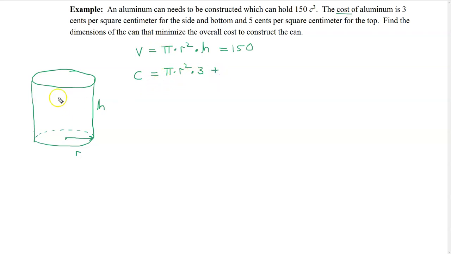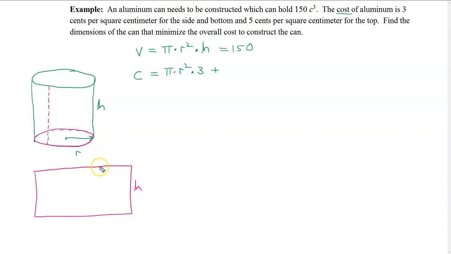Now we have to add the cost of the side of the can. Well, to find out the area of the side, think of doing this. Think of taking this can and slicing it open along a seam like this and unrolling it. And when you do that, what you're going to get when you unroll it is a rectangle, right? This is going to be the height of the can, that's the h, and the length of this rectangle is going to be the circumference going around the circle here. Right?